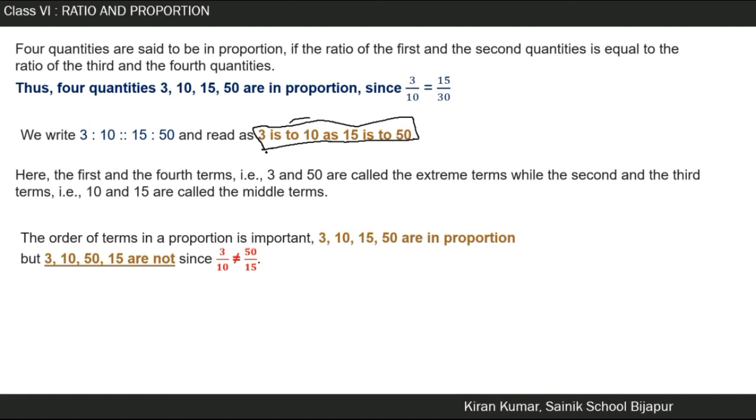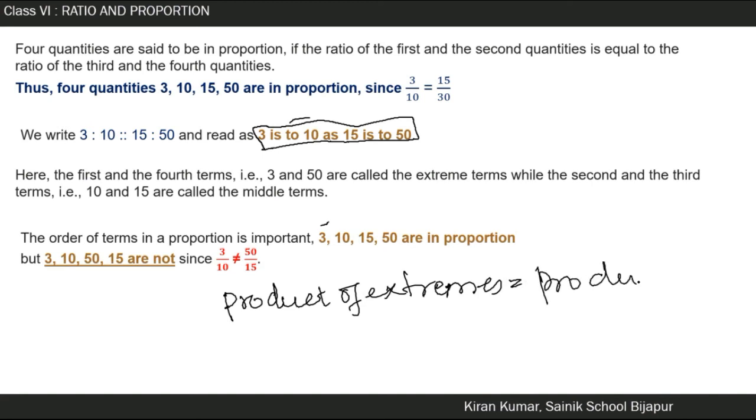One more very important thing you must know is that the product of extremes is equal to the product of means. In entrance examinations also we had questions based on this concept.